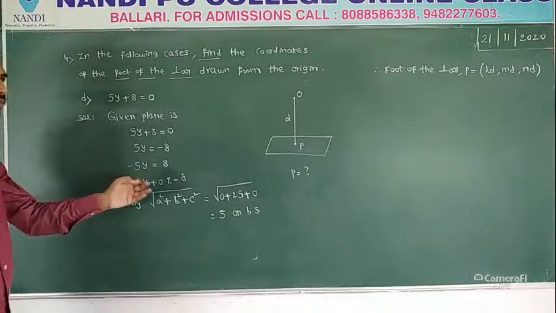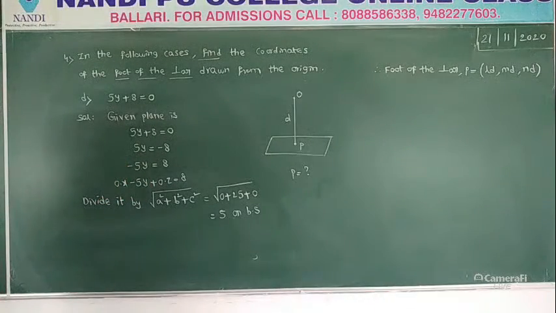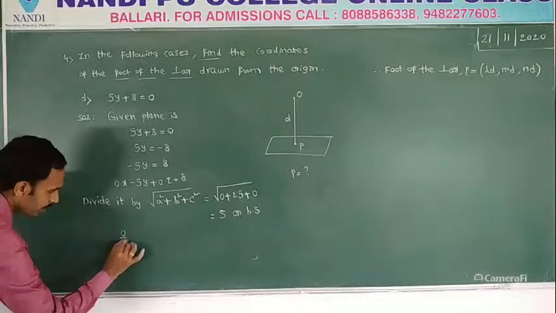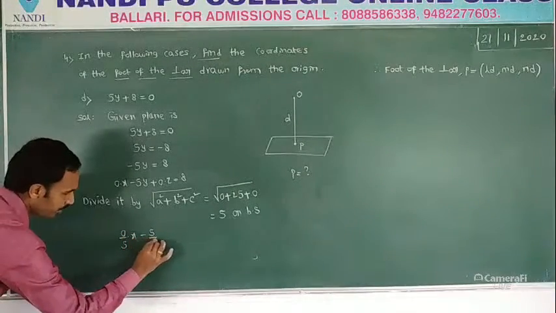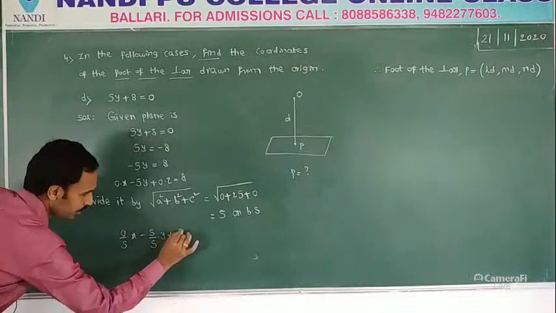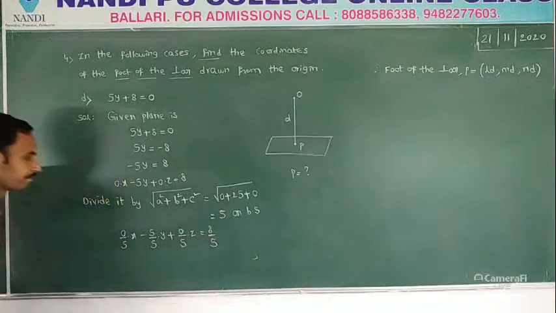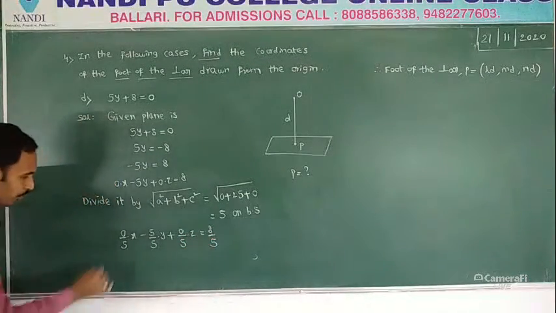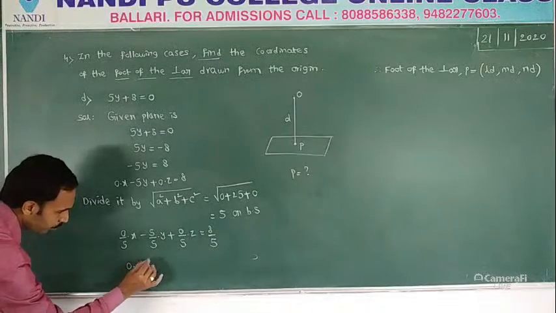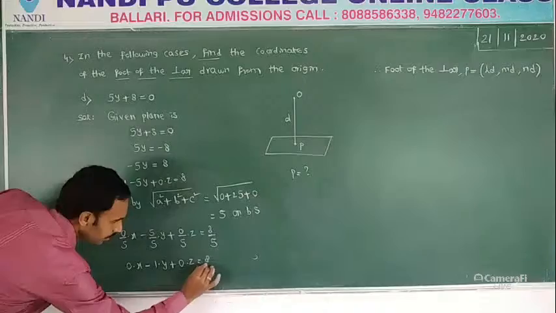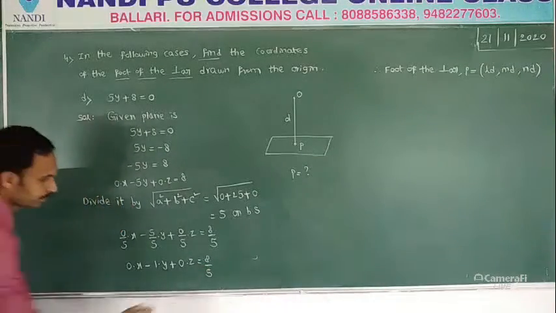So divide each term by 5. Okay, 0 by 5 into x minus 5 by 5 into y plus 0 by 5 into z is equal to 8 by 5. 0 by anything is 0 into x, 5 cancel, 1 into y, 0 by anything 0 into z is equal to 8 by 5.